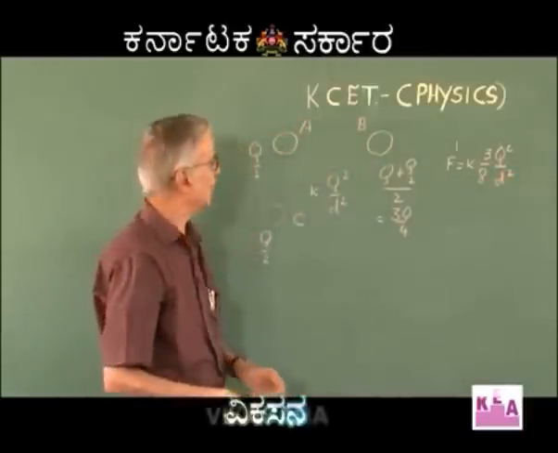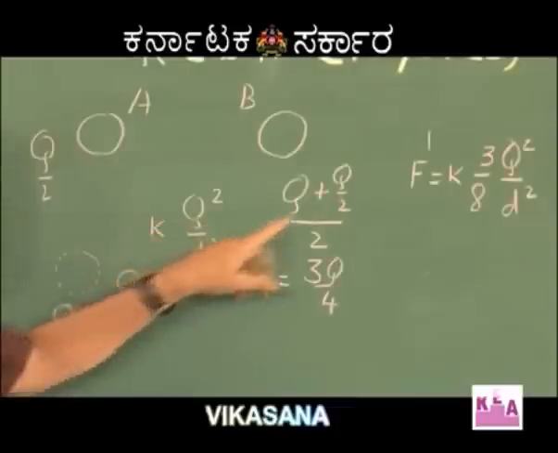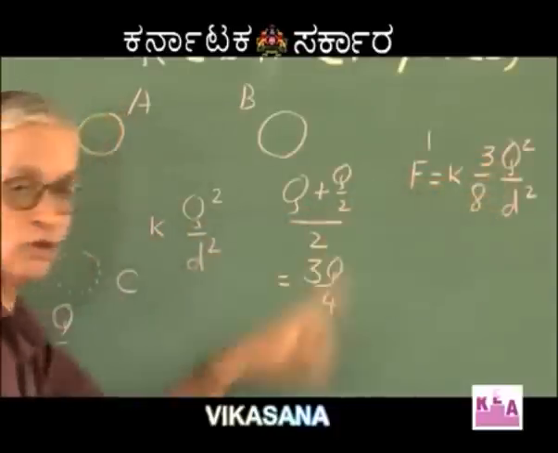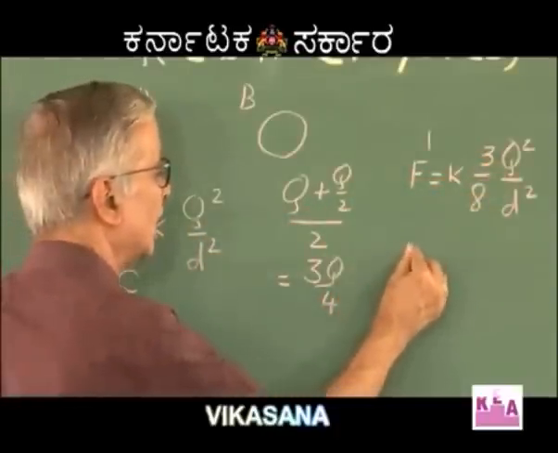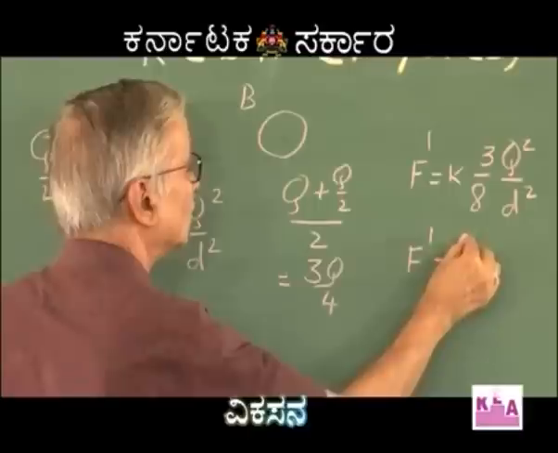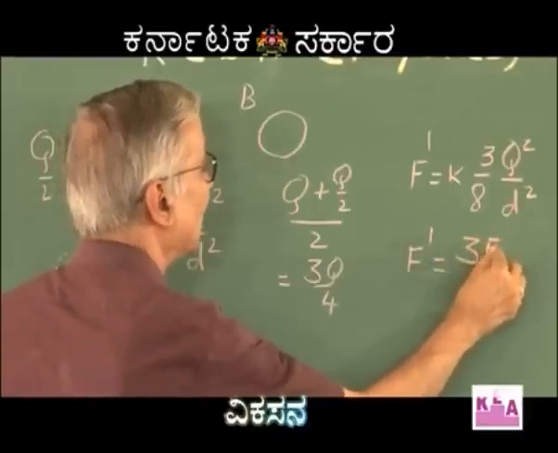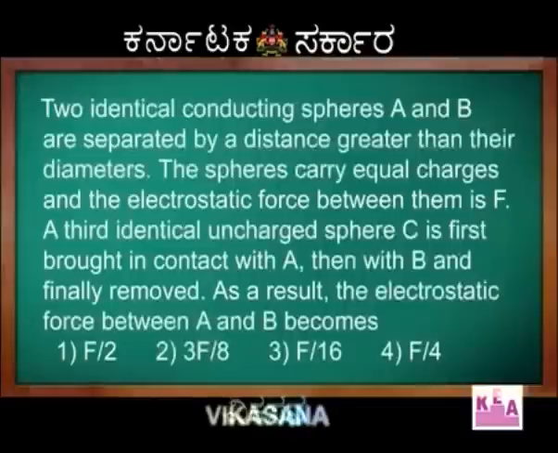But you agree that K into Q square by D square is equal to F. Therefore, F dash is equal to 3F divided by 8. Therefore, the second option is the correct answer.